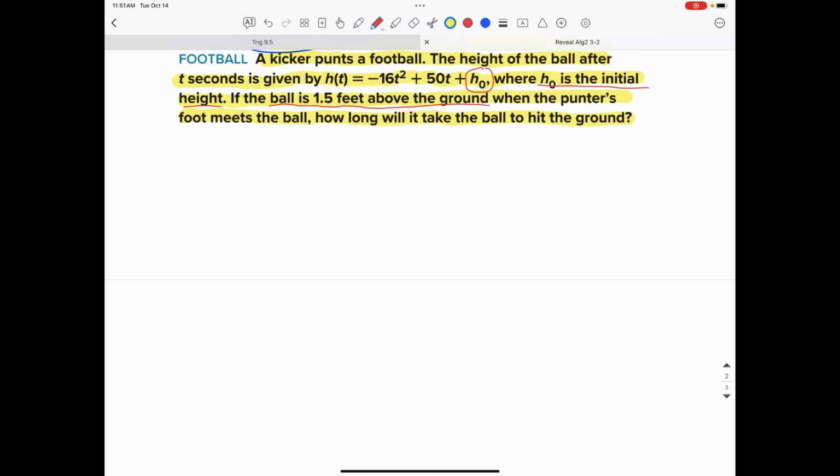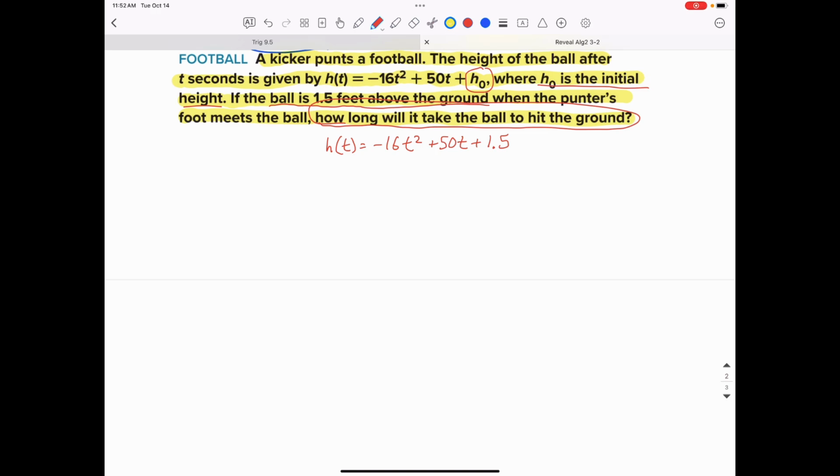So the way to write an equation that describes this information is that we're going to replace the h sub 0 with 1.5. So what we're going to be graphing is h of t equals negative 16t squared plus 50t plus 1.5. And we're going to graph that on Desmos and then figure out when the ball hits the ground. How long is it going to take for the ball to hit the ground?